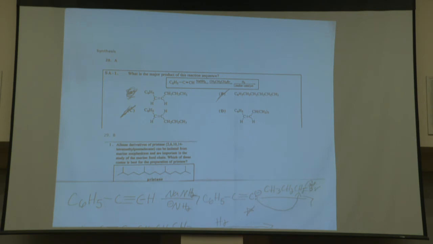We don't have that. We have Lindlar's catalyst, which does the alkene. And then this has some weird kind of rearrangement going on. There's no rearrangement. That doesn't happen in this type of reaction. If it was H2 Pd, you would get just a plain alkane. That's going to reduce your triple bond all the way down to no double bonds or triple bonds or anything. Whereas H2, Lindlar's catalyst, gives you the cis alkene.